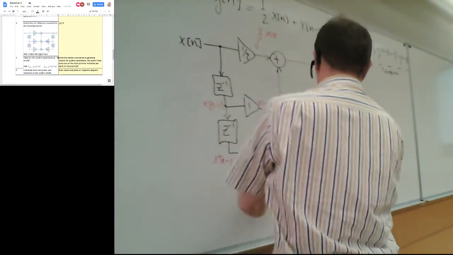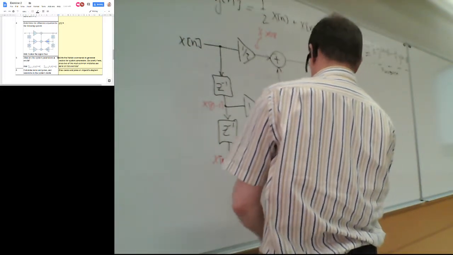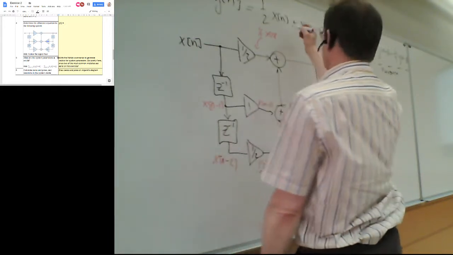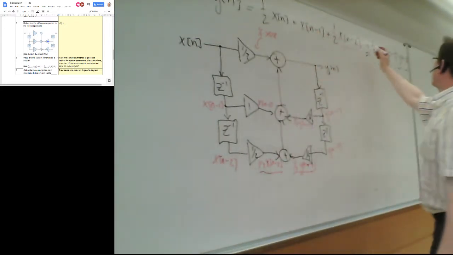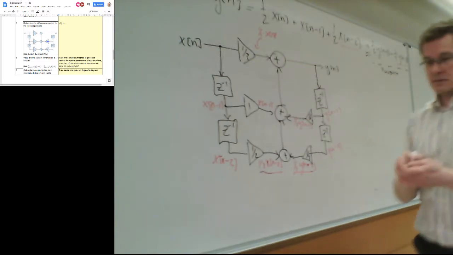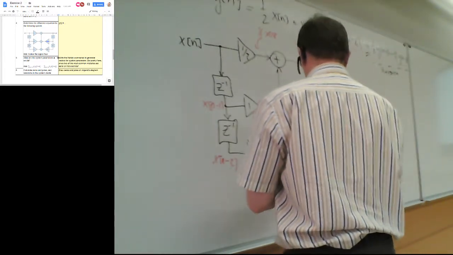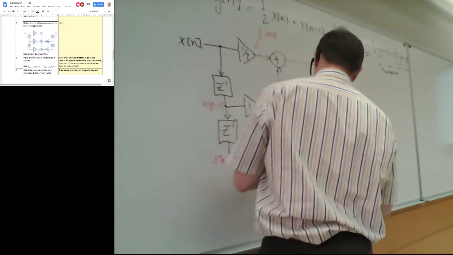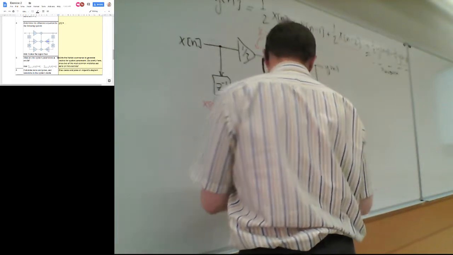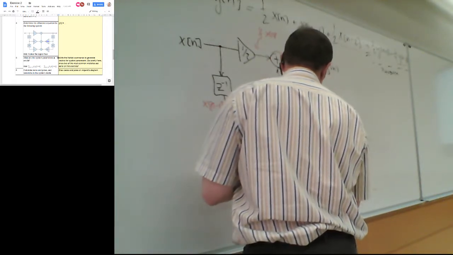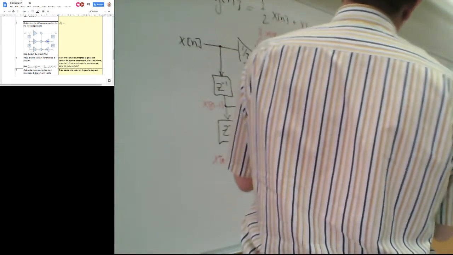Okay, so we start summing these. So this term plus this term is that one and that one. Whoa, a sign error, nobody noticed. That one is actually minus. Not the same. So minus.